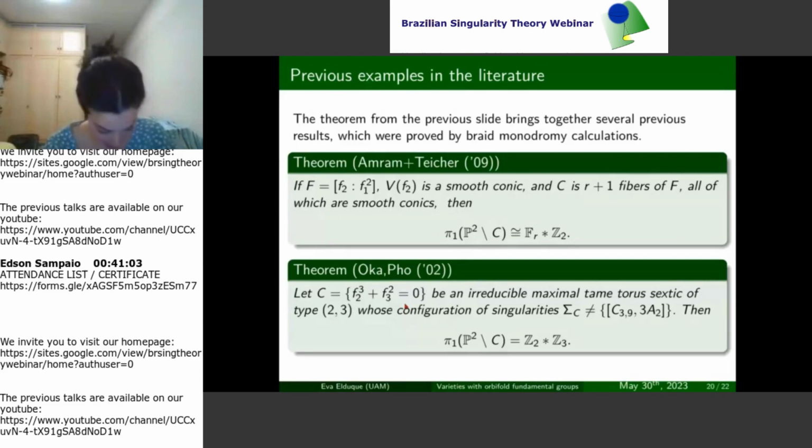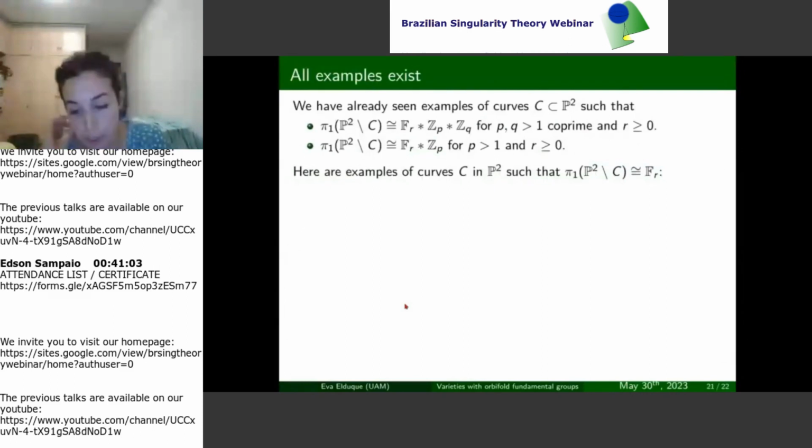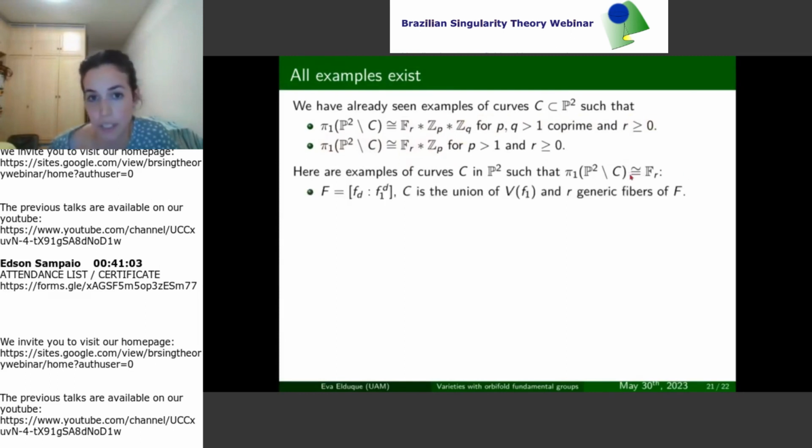Okay, and lastly, I wanted to say that all of the possible examples do exist and we can produce them. So we have seen examples of curves in P2. Remember, in P2, we could only have something like this, or free. And we've produced these two. But you can also have free groups, right?